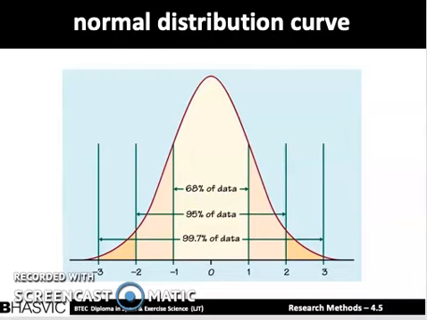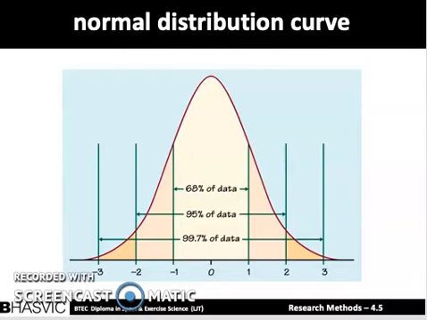The location can indicate whether there is an equal grouping around the mean or whether there is an unequal alignment either side. If the majority of the data is located to the right of the mean, this indicates that there is a negative skew, whereas if bunched to the left, this is known as a positive skew.